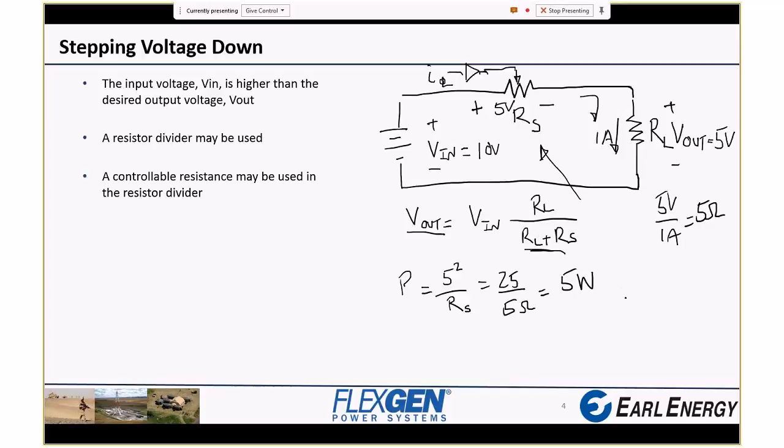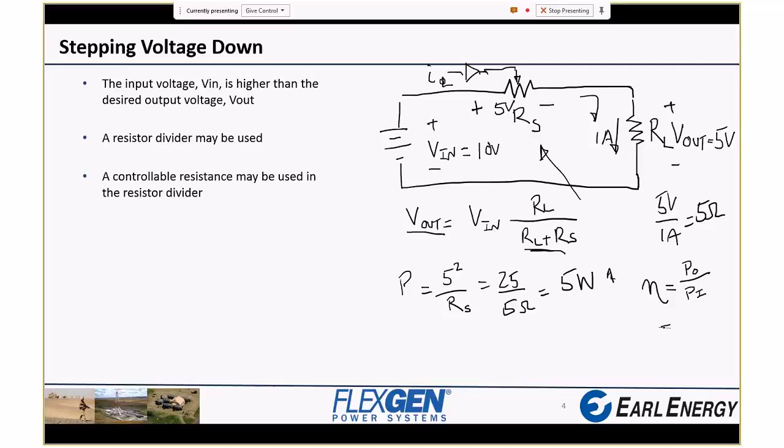Efficiency is defined as, what the hell is this letter? This is Greek letter eta, I think. Yeah. And it is defined as power out over power in. So power out being the power delivered to the load, and power in, the power coming out of this battery.